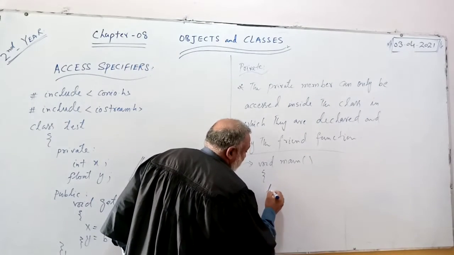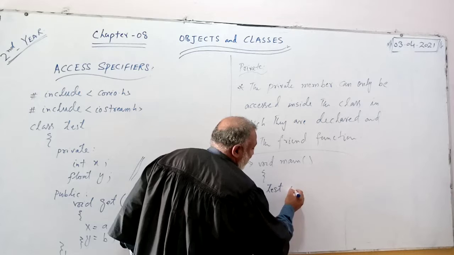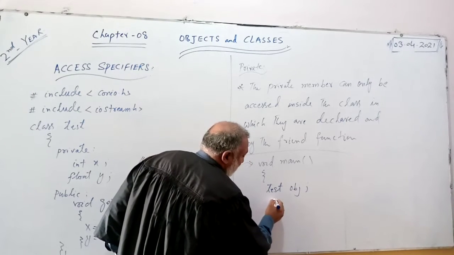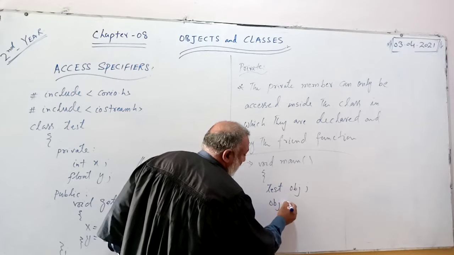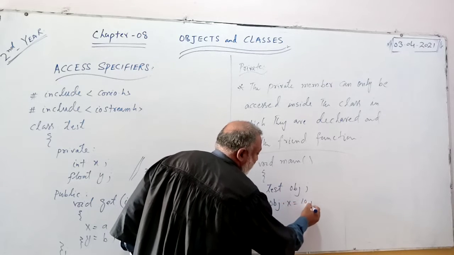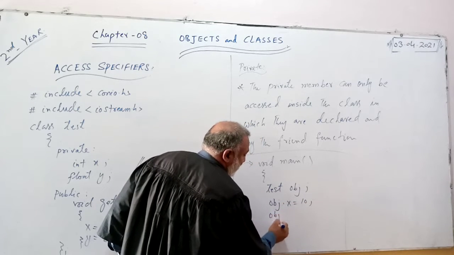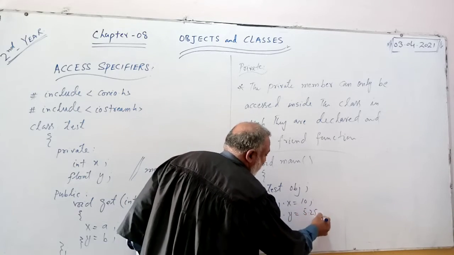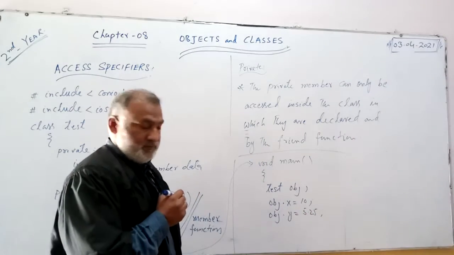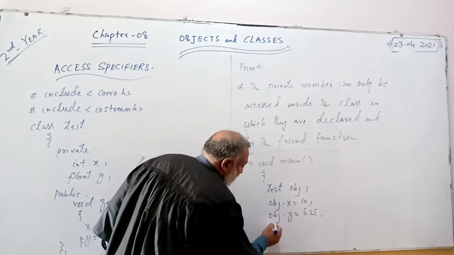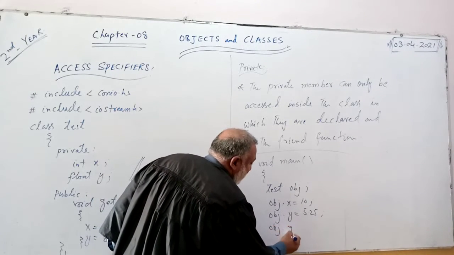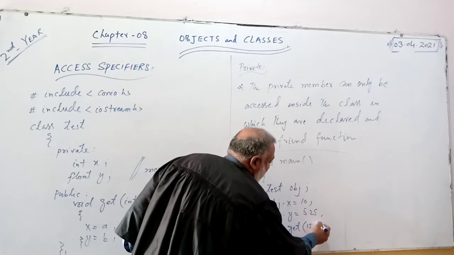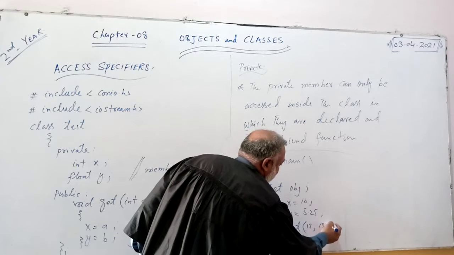Here for class test I create an object, and I write obj dot x equal to 10, obj dot y equal to 5.25, and obj dot get is equal to 15, 13.55.